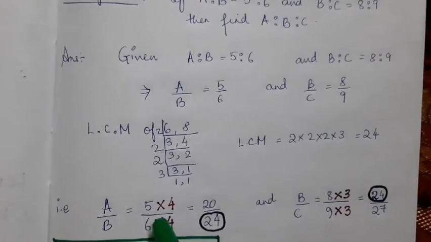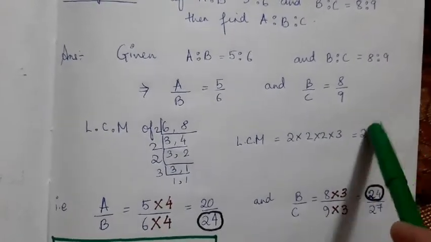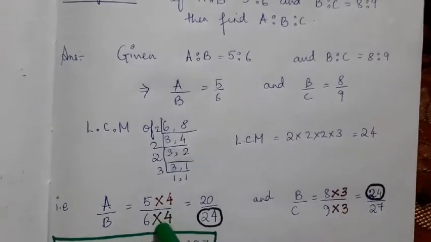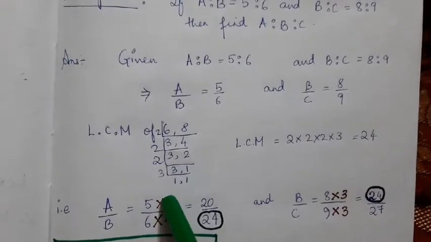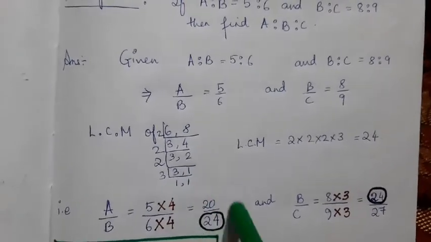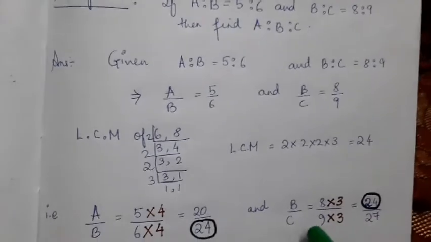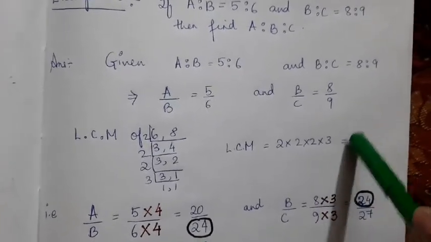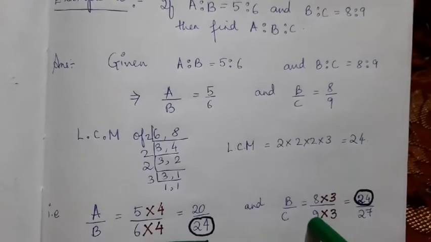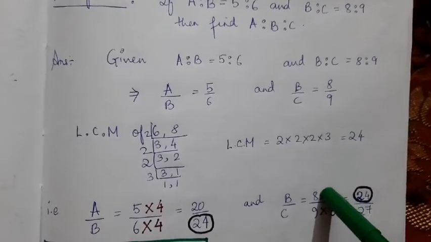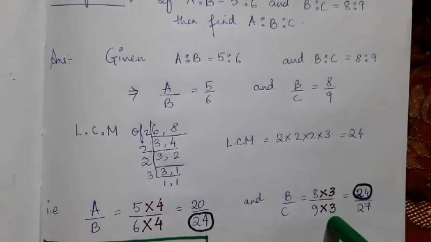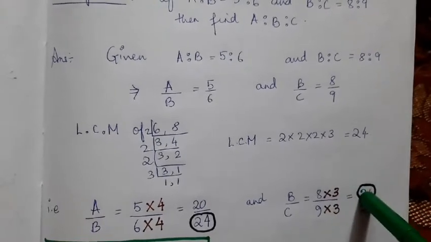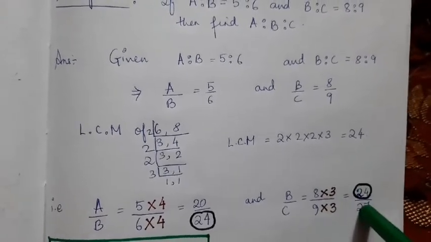You will multiply with that digit so that you get the LCM value, and multiply the numerator by the same digit to get the new value. Similarly, here also you will multiply the numerator so that you can get the LCM, and you will multiply the denominator by the same digit. So, you are getting the new value as 24 by 27.